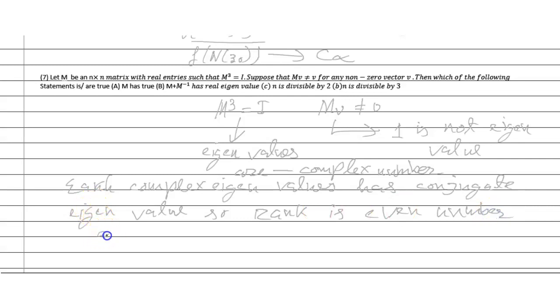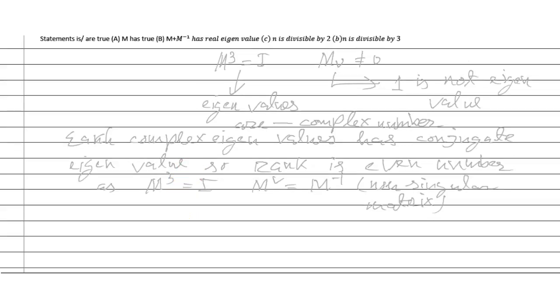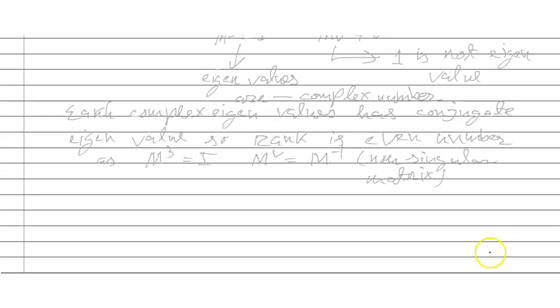As M cube equals I, so M square is equal to M inverse, a non-singular matrix. So whatever we get, M square is equal to M inverse, a non-singular matrix.